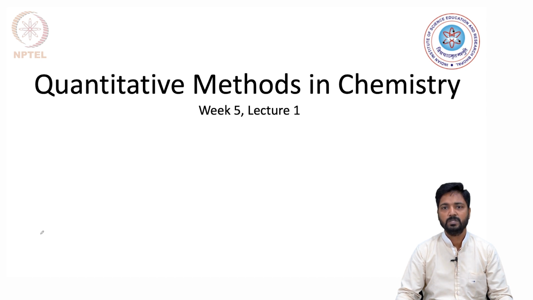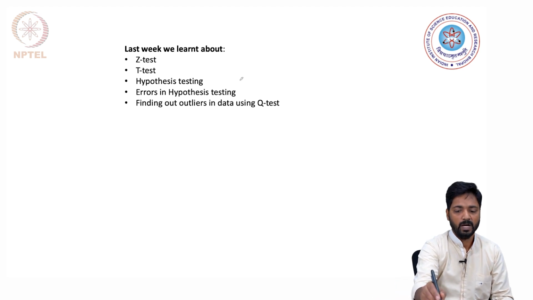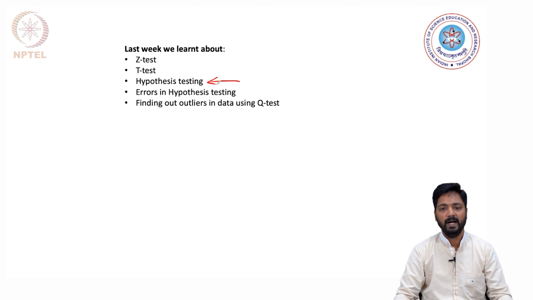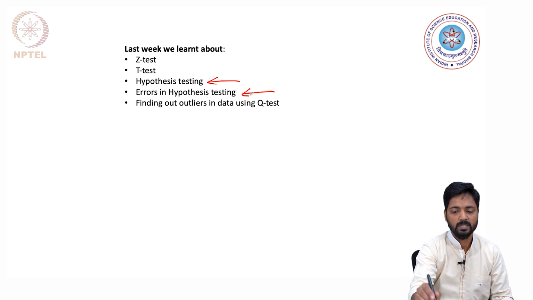Before we proceed with this week's lecture, let us quickly recap what we learned in the last week. Last week we were introduced to different statistical tests such as the z-test and the t-test. Similarly, we were introduced to the concept of hypothesis testing, and we also understood the potential sources of errors that occur in hypothesis testing.